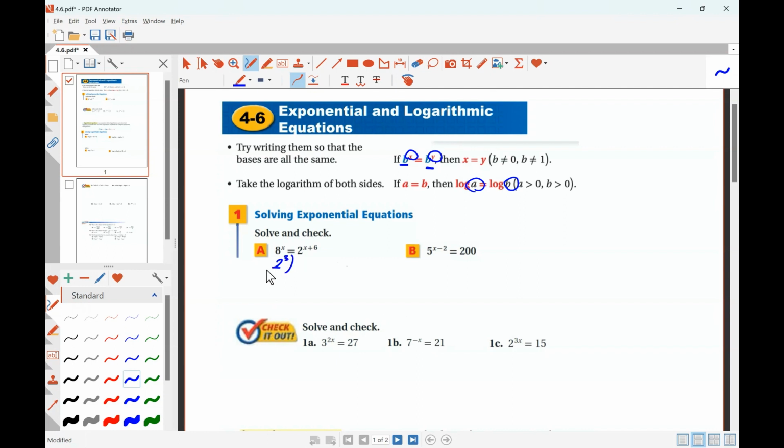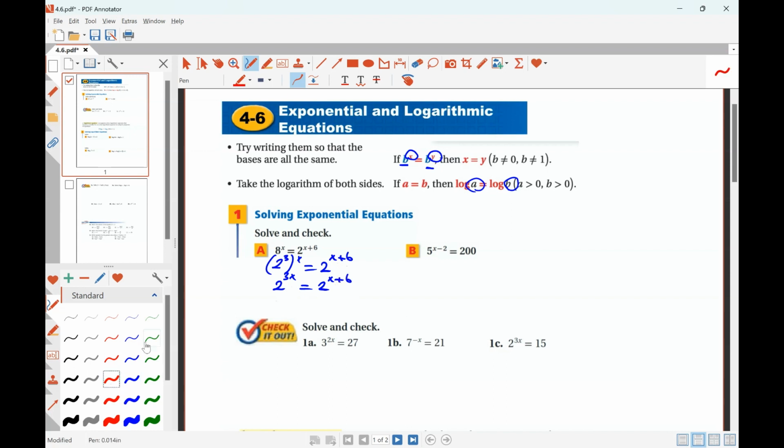So 2 cubed raised to power x equals 2 to the power of x plus 6. Remember, if there is an exponent raised to another exponent, we multiply those two exponents. So 2 raised to power 3x equals 2 raised to power x plus 6.